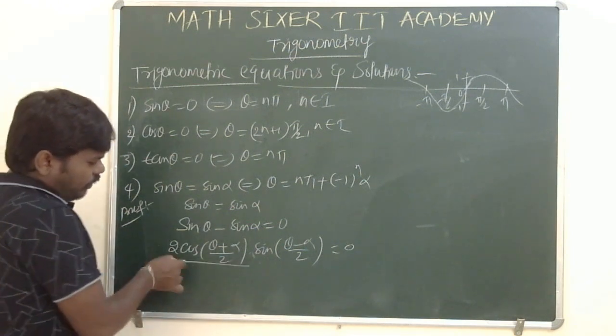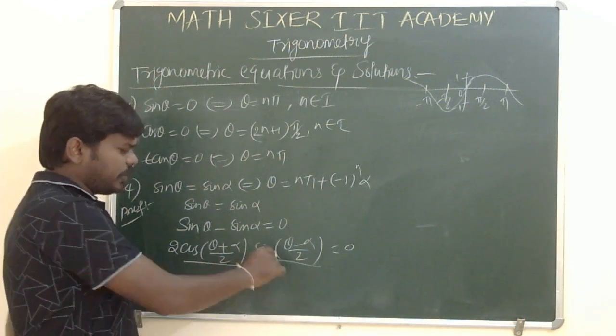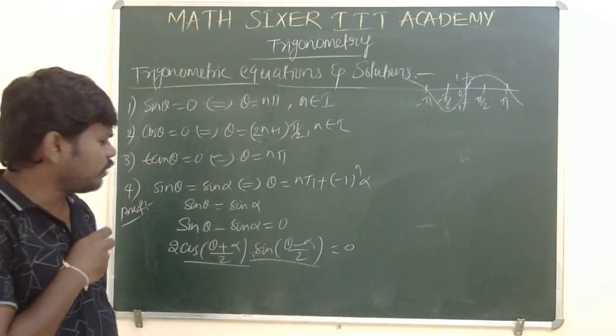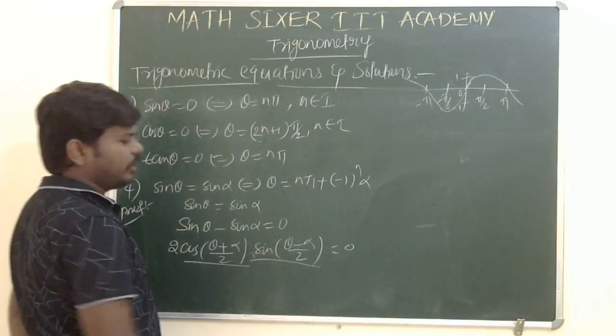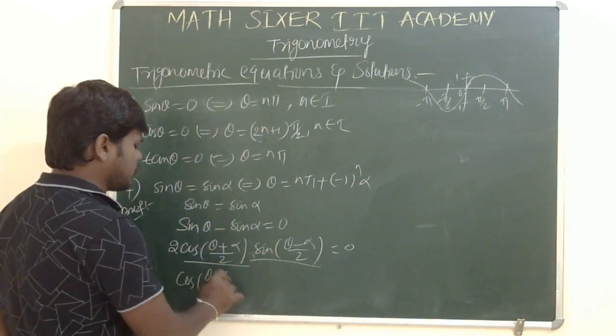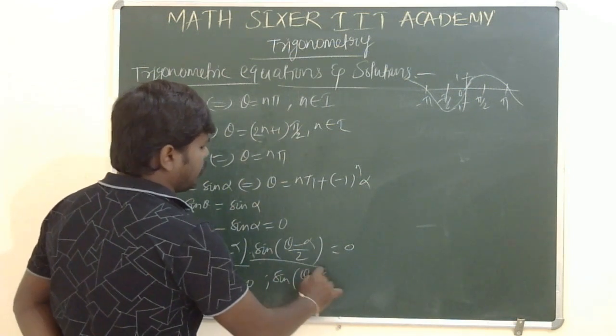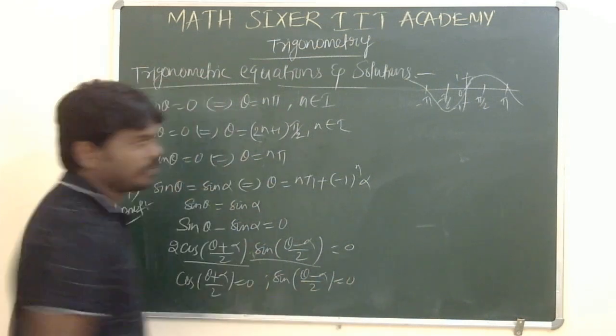So here of course 2 is not equal to 0. Now these are the product of two numbers equal to 0. So what does that mean? Either one of them is equal to 0. So that means cos theta plus alpha by 2 is equal to 0, or sin theta minus alpha by 2 is equal to 0.